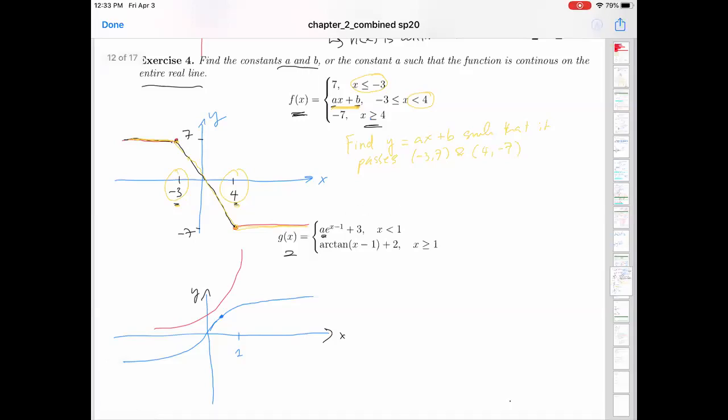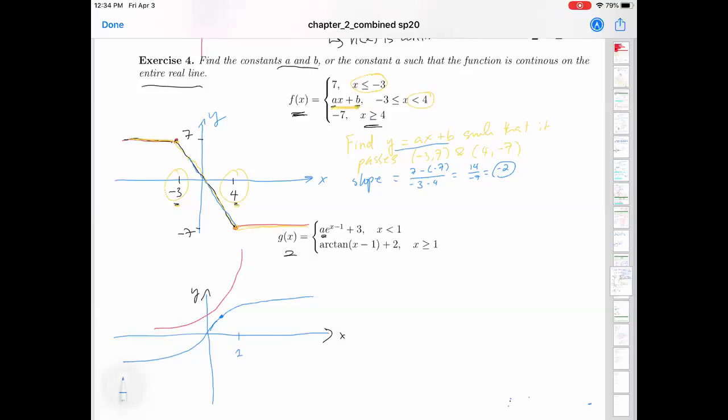And we know how to find a line that passes through (-3, 7) and (4, -7). First, we can find the slope. So the slope equals 7 minus negative 7 over negative 3 minus 4, and you will have 14 over negative 7, which is negative 2. The slope is negative 2. It makes sense, right? Because this line here is decreasing. All right, now you have a slope, then you can just pick a point and plug it into the line.